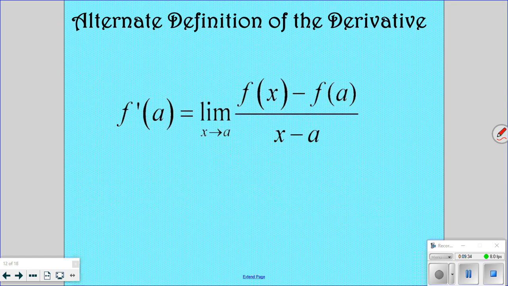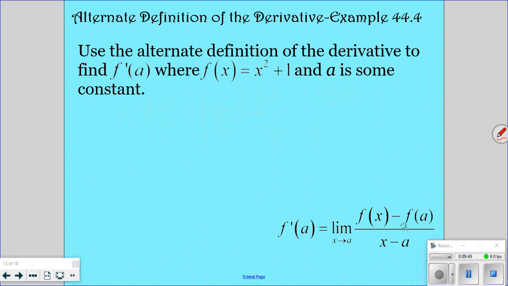All right, so this is the alternate definition of the derivative. The derivative is limit as x approaches a of f of x minus f of a over x minus a. So we're going to use the alternate definition of the derivative to find the derivative at a, where our function is x squared plus 1 and a is just some number.